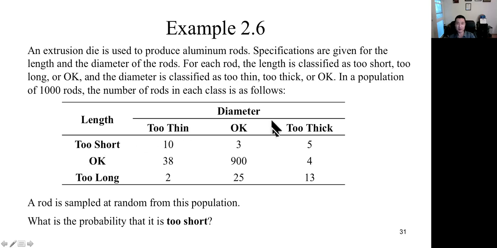For diameter, we can also classify as too thin, too thick, or okay. For 1000 rods, we record the categories for each class, as in this table. For example, we have 900 rods where both the diameter and the length are okay.